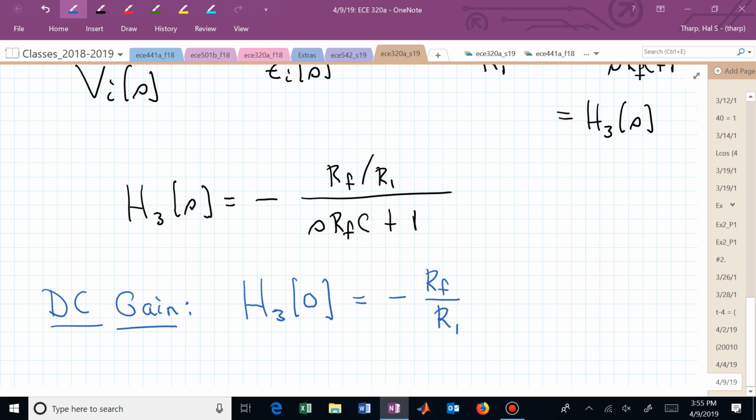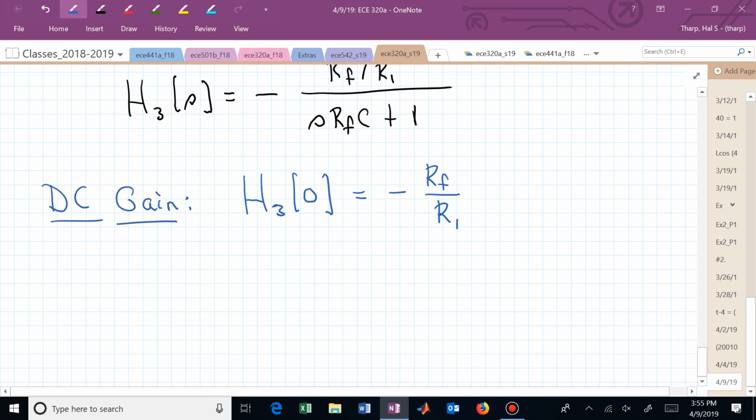Where's our pole? Or do we have poles and zeros in this transfer function? We have no finite zeros, do we? There's no s in the numerator. We do have a pole. And that pole is the value of s that causes that denominator to vanish, I'm sorry, to equal 0.